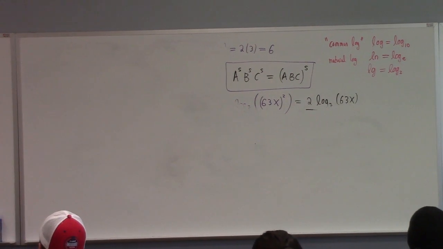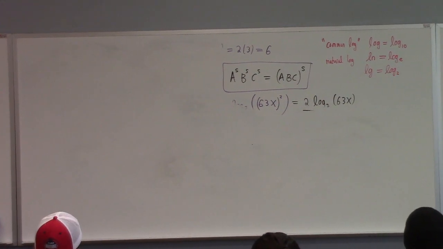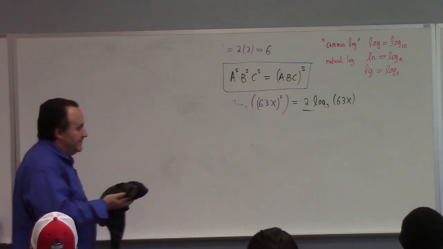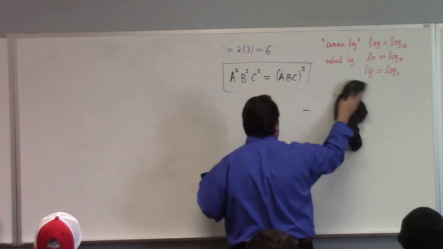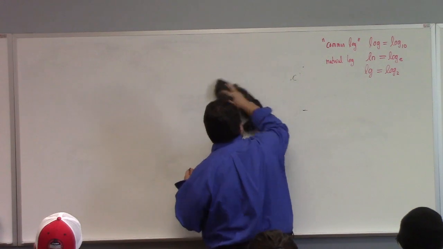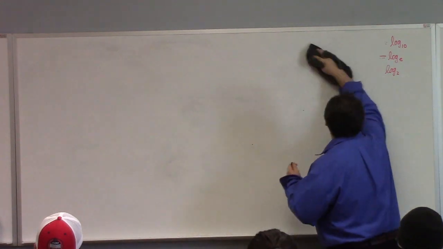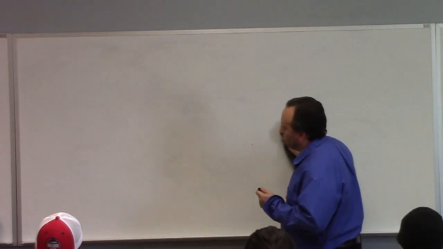So since I know this is probably more useful to you in the long term, I'm going to talk more about how to solve equations. We looked at solving equations last time with the one-to-one property. Let's start thinking about how to solve equations using logarithms.